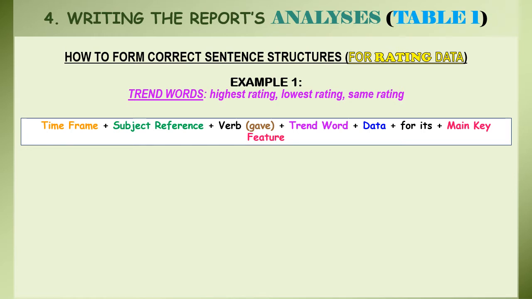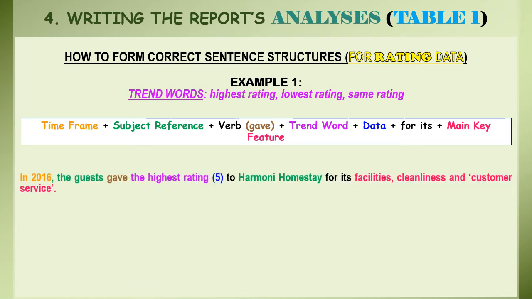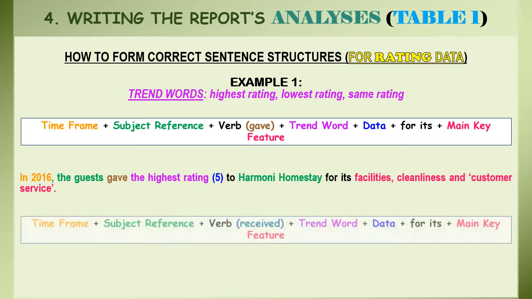In the sentence structure, you can see we will start the sentence with the time frame, subject reference, the verb gave, the trend word, data, for its, and the main key feature. For example, in 2016, the guests gave the highest rating 5 to Harmony Homestay for its facilities, cleanliness, and customer service.